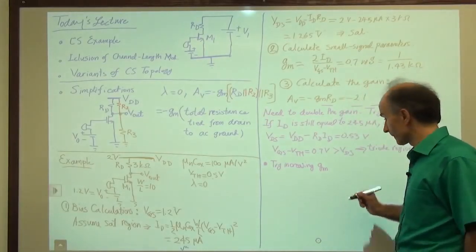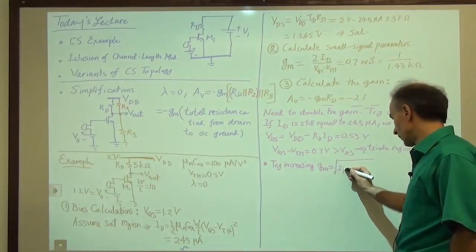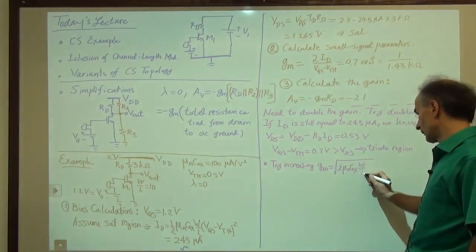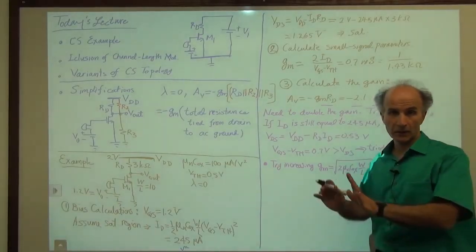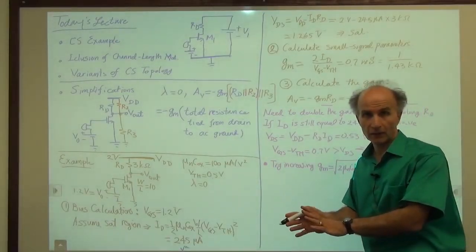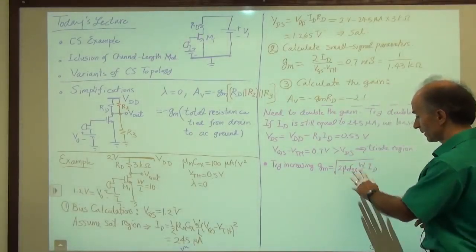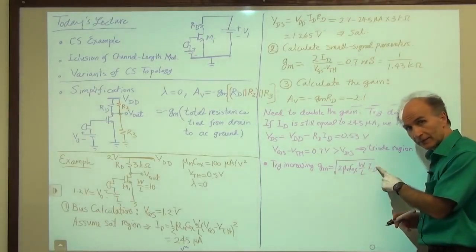So we know that gm is equal to the square root of 2 mu n Cox W over L times ID. Mu n Cox is a given parameter for the technology. We don't have any control over it, so no problem there. We have W over L to play with and ID.